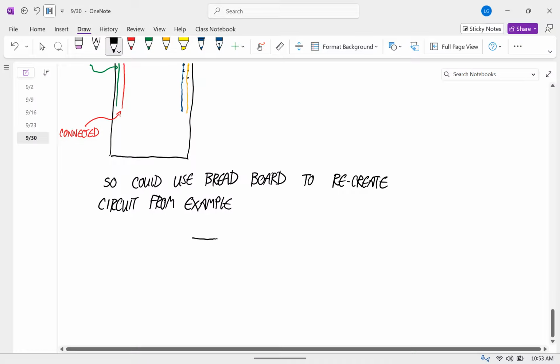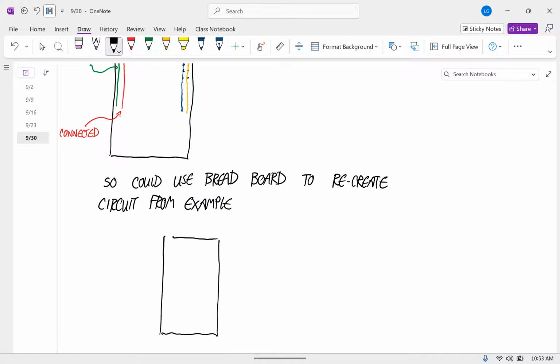I'm just going to draw the 5 holes that are connected on one of those 2 sides.